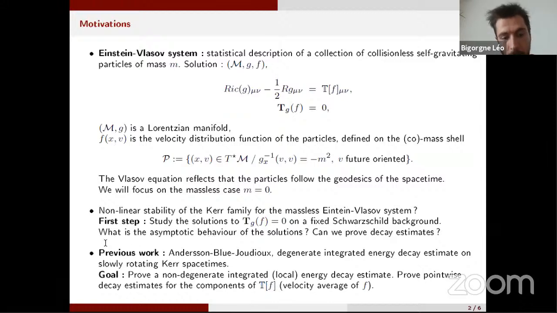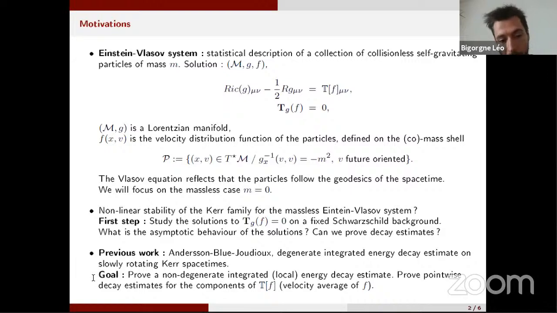So there was only one work on that topic, which is the one of Lars Andersson, Peter Blue, and Jérémie Joudioux, where they obtain an integrated energy decay estimate for slowly rotating Kerr spacetimes. But the thing is that their estimate does not provide a good control of the solution near the event horizon and near the trapped null geodesics.